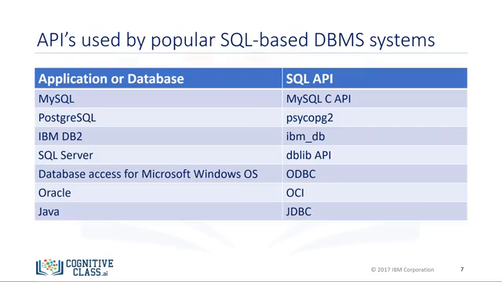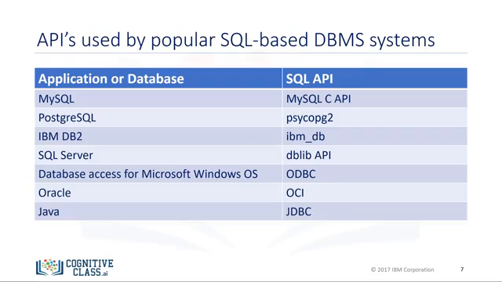The PG2 API connects Python applications to PostgreSQL databases. The IBM_DB API is used to connect Python applications to IBM DB2 databases. The DBlib API is used to connect to SQL Server databases.